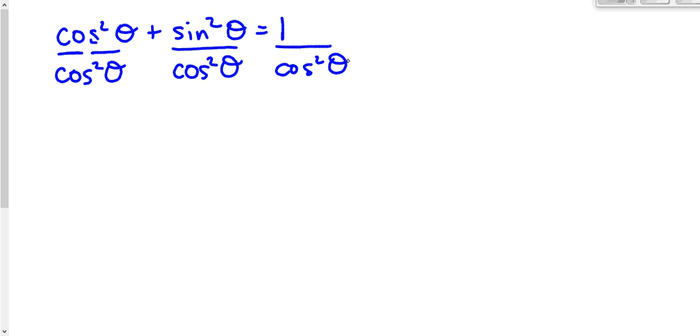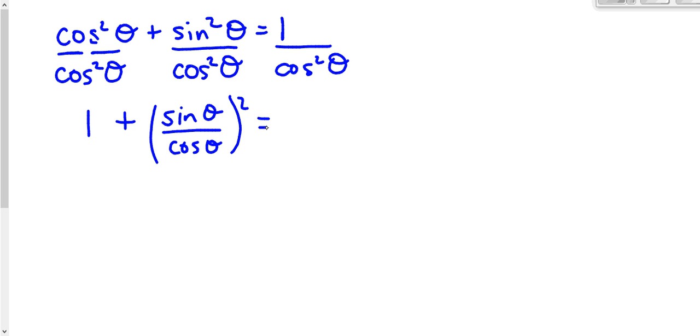And let's see what we get. Cosine squared theta divided by cosine squared theta is 1 plus. Now, sine squared theta divided by cosine squared theta is sine theta divided by cosine theta squared. And what did we just learn sine theta divided by cosine theta is? Yes, tangent theta. So that is 1 plus tangent squared theta.